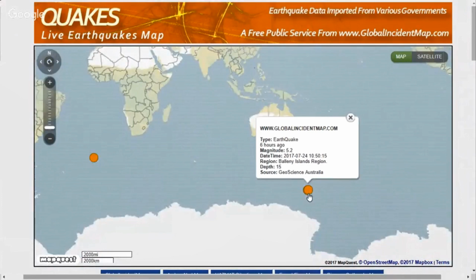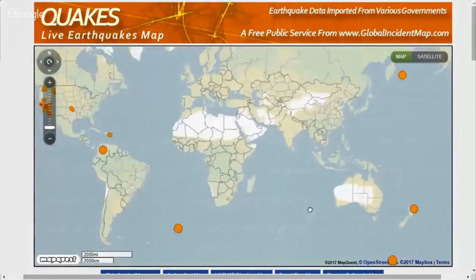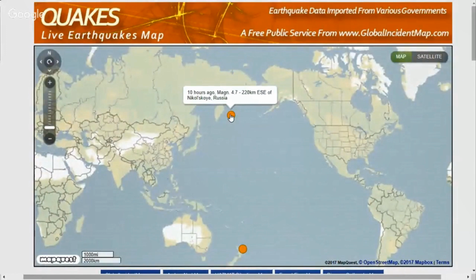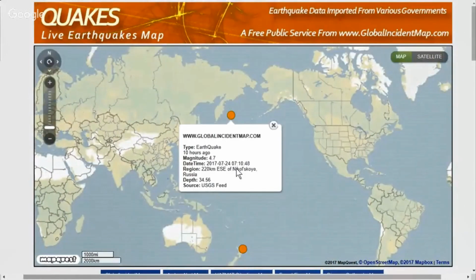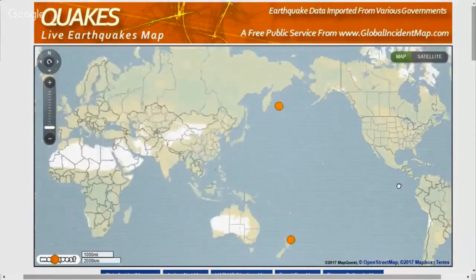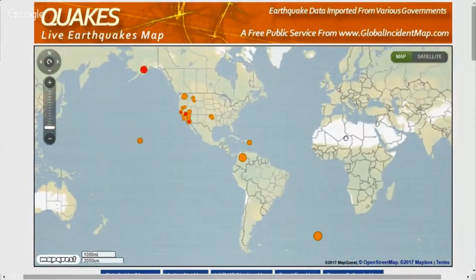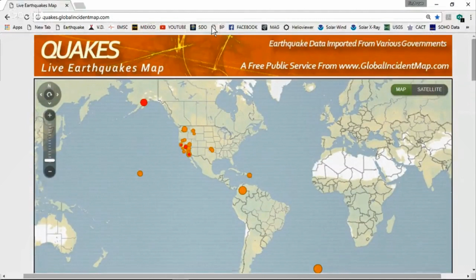Yeah, so it doesn't seem to be too much activity going on. What do we have up in here? A magnitude 4.7, 34 kilometers deep. Well, I think we are getting so used to having magnitude 5 and 4 earthquakes all over the place that we don't even think it's abnormal anymore.